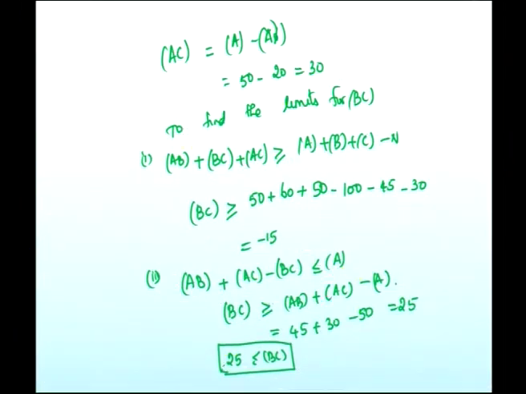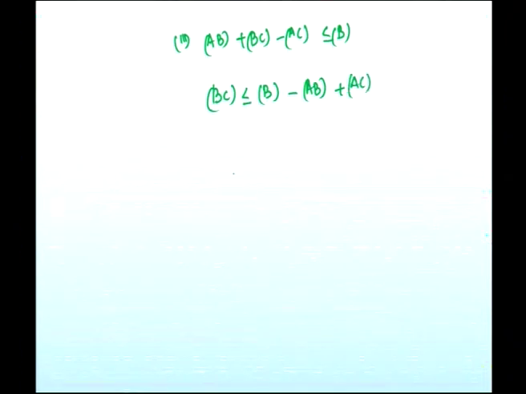Next we shall find out the right hand limit using another criterion for condition for consistency, that is AB plus BC minus AC is less than or equal to B. Okay, we want the limits for BC. So BC is kept as it is, less than or equal to B minus AB plus AC.